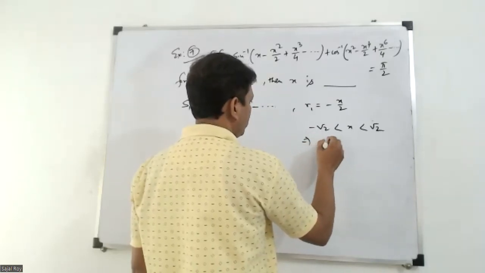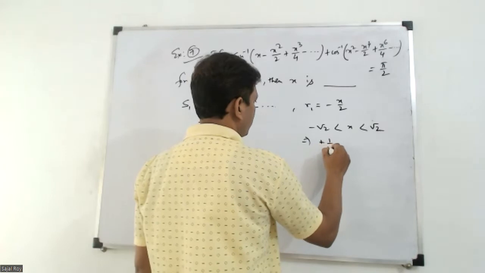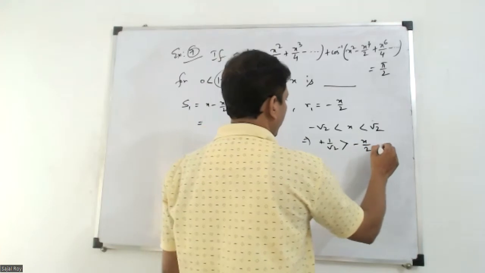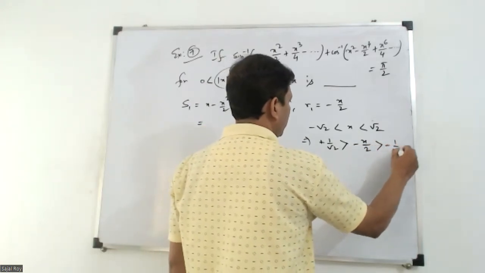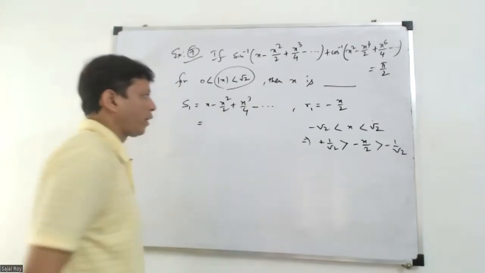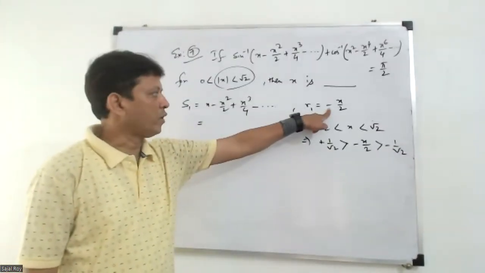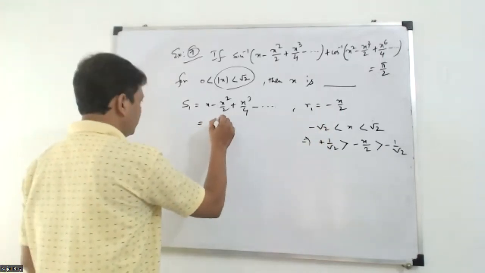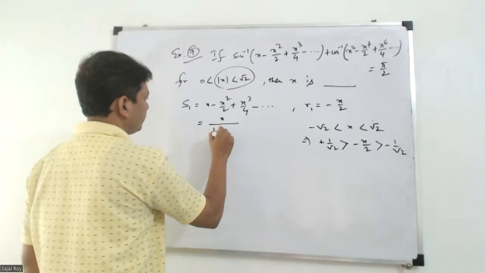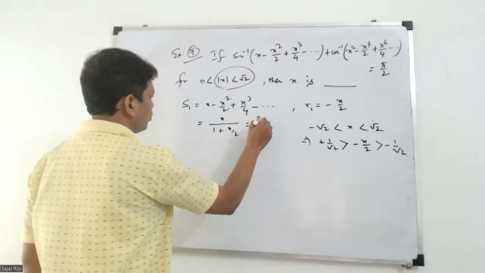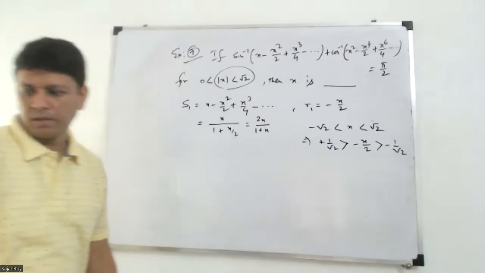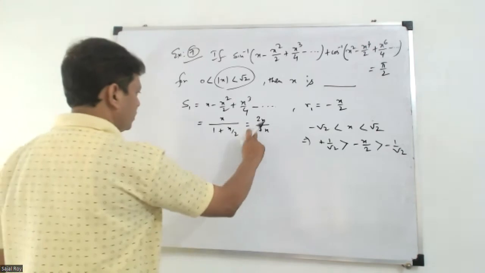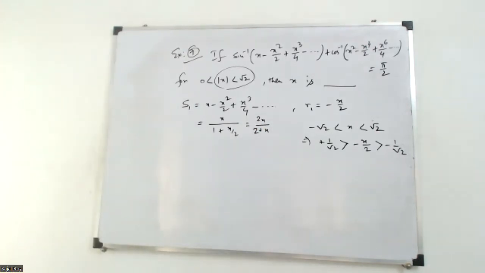So it's between minus 1 by root 2 to 1 by root 2. In an infinite GP, the sum exists provided this condition. So your sum will be 2x over 2 plus x. What about the next one?